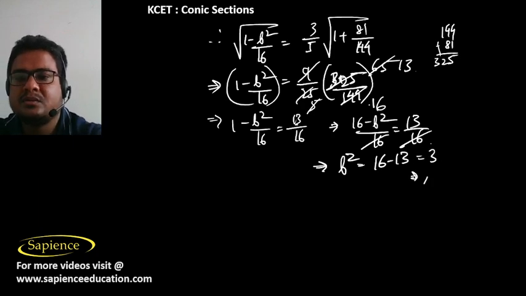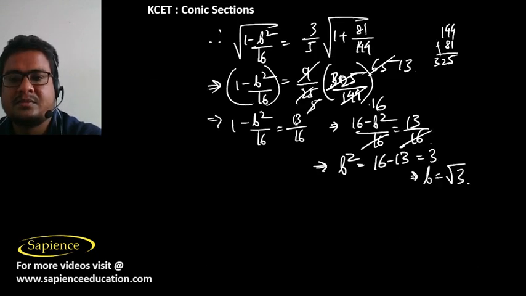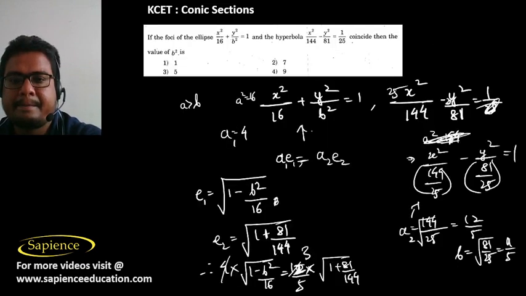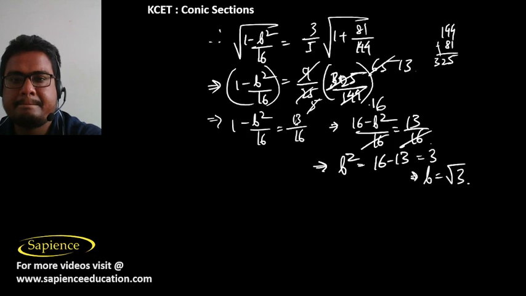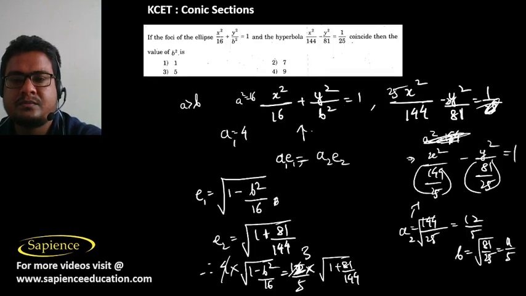So b is equal to root 3, so b square equal to 3.